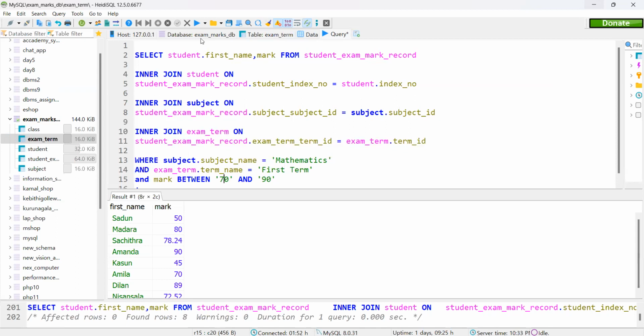Let's execute. Then we have the names and marks of those who got between 70 and 90 in the mathematics subject for the first term. That's how we did it.